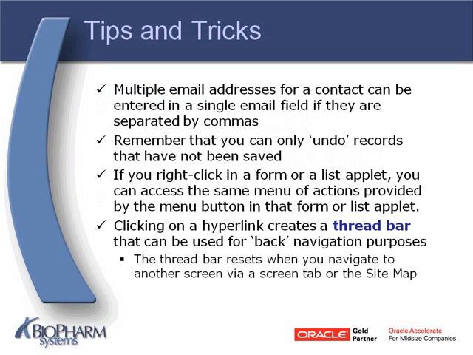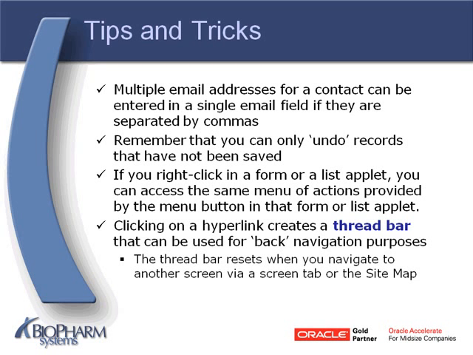If you right-click in a form or list applet, you can access the same menu of actions provided by the menu button in that form or list applet. A thread bar helps you keep track of your navigational path when you drill across to a view on another screen using record hyperlinks. You can return to a previous point in the path by clicking the corresponding name on the thread bar.